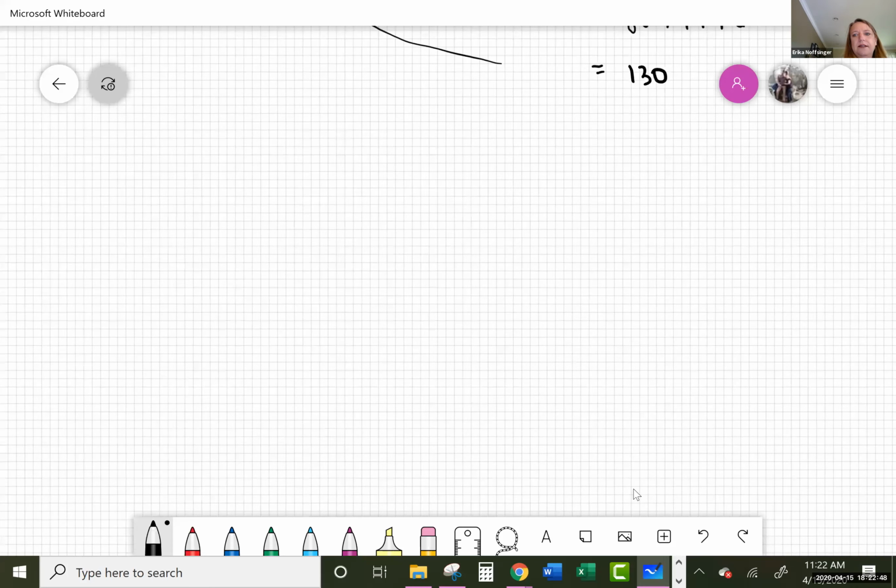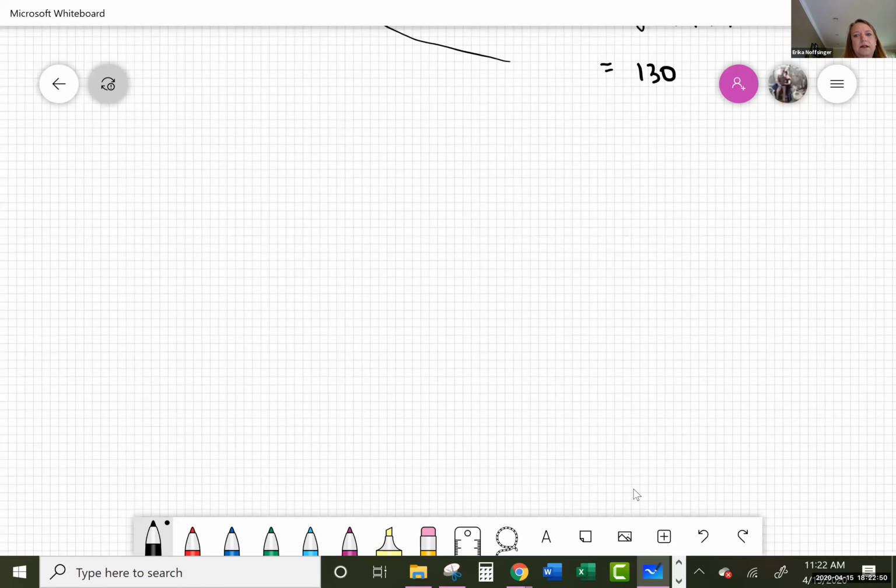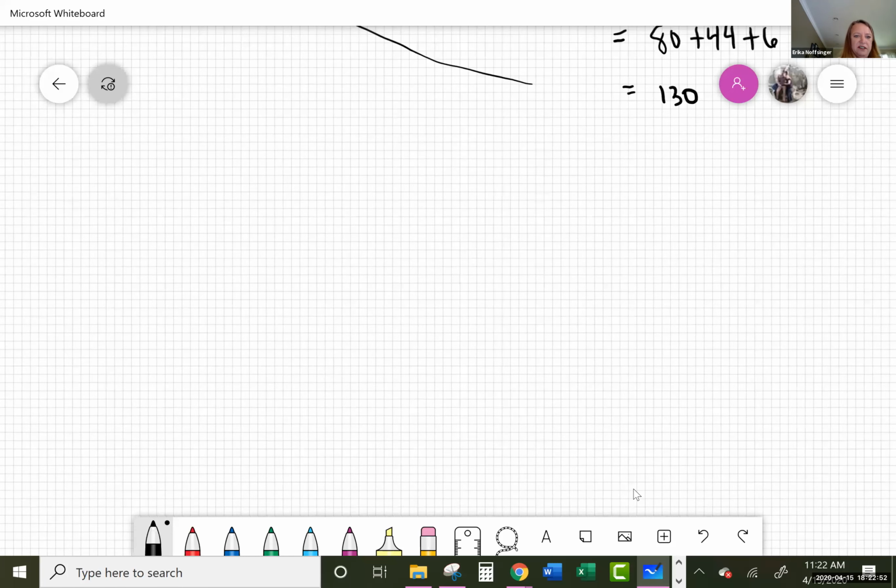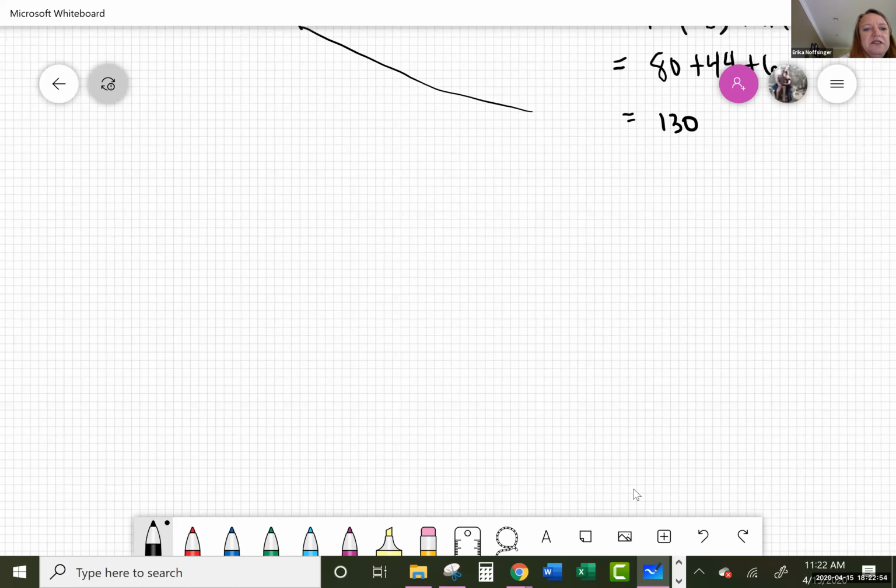Okay, so let's look at it with a composition. So let's say, and let me just rewrite it again. So f of x was equal to 2x squared minus x.